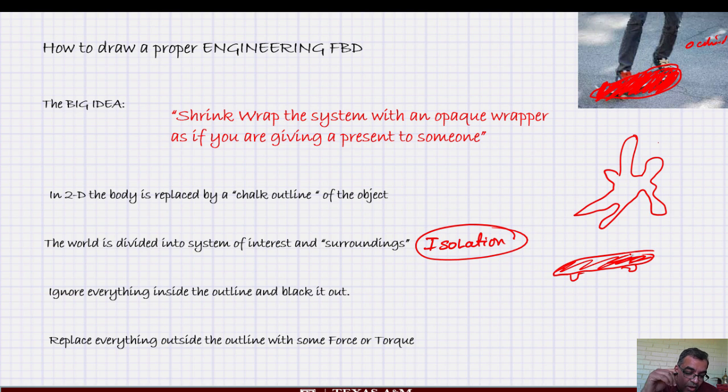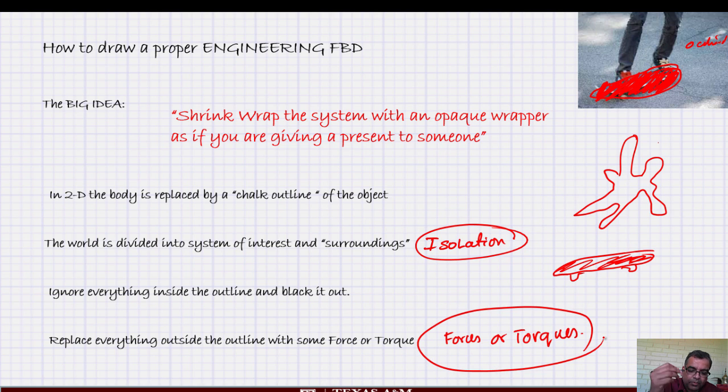Now, the next thing is we're going to replace everything outside the skateboard with either forces or moments, or torques. That's it. So the entire external world is represented by forces or torques. And this representation of the external world with forces and torques is the hard part about a free body diagram. Okay, so let's get to that.